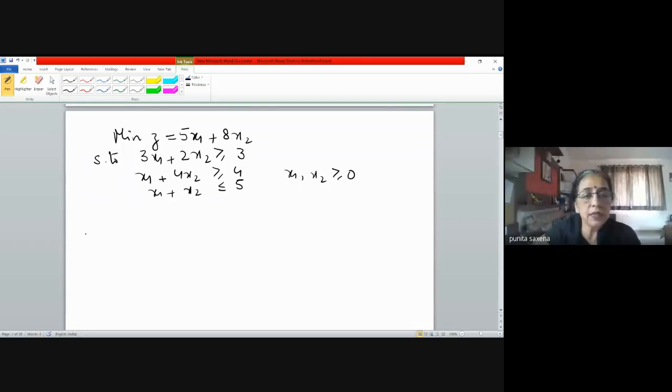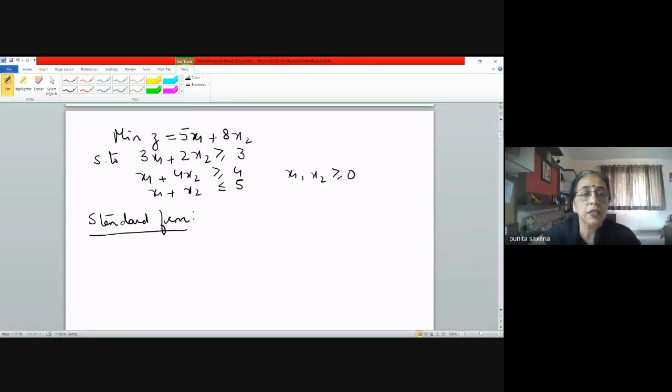Now, the first thing that we do here is we write the standard form first, because that is also important. The standard form will be my original linear programming problem that we have to solve.